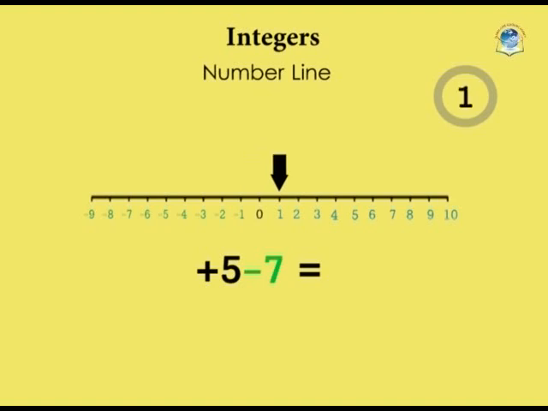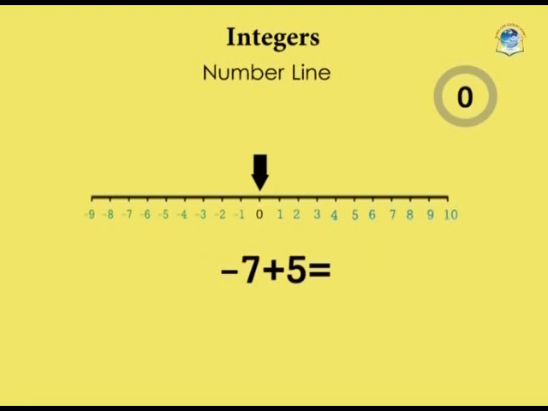So 1, 2, 3, 4, 5. And then we move 7 steps towards the left. So 1, 2, 3, 4, 5, 6, 7. So we are at the number negative 2.